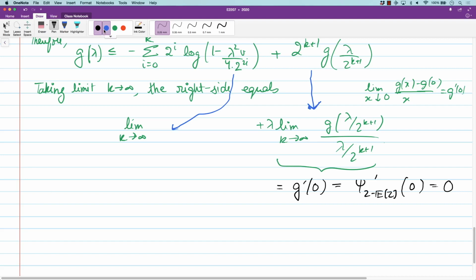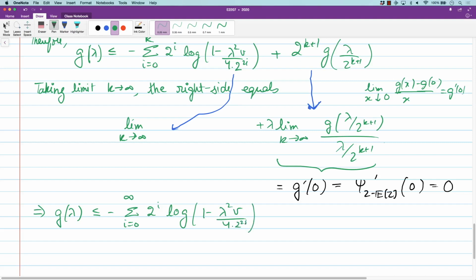Therefore, the bound that we have obtained is that g of lambda is less than or equal to minus summation i equal to 0 to infinity of 2 to the power i log of 1 minus lambda square v by 4 into 2 to the power 2i. Okay, that's what you get.